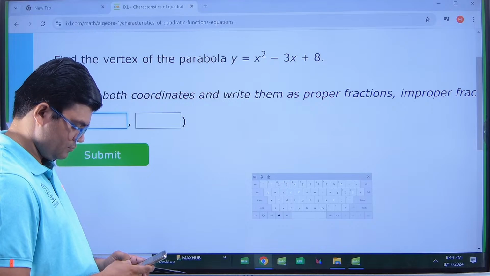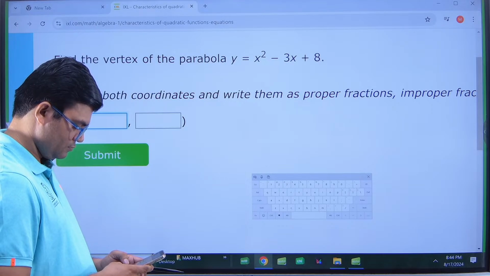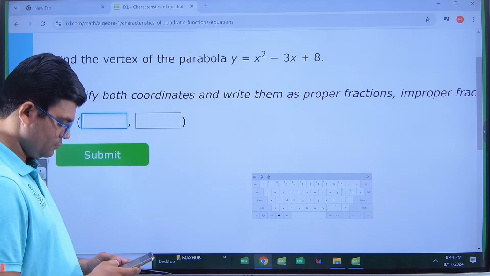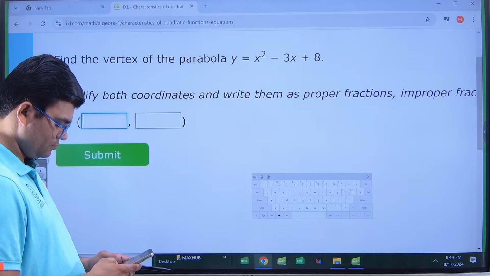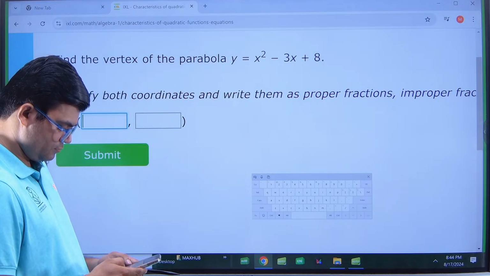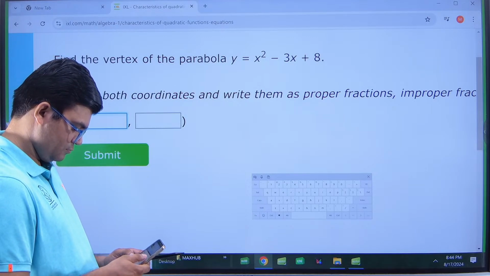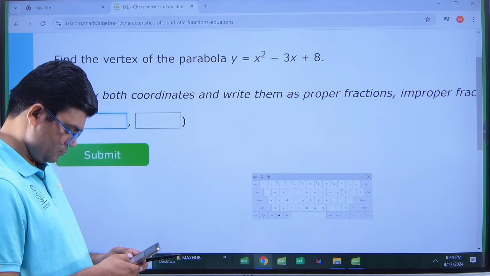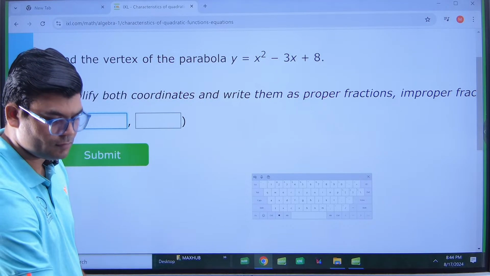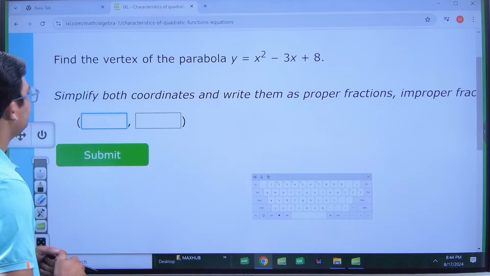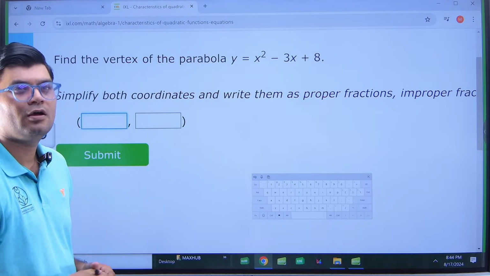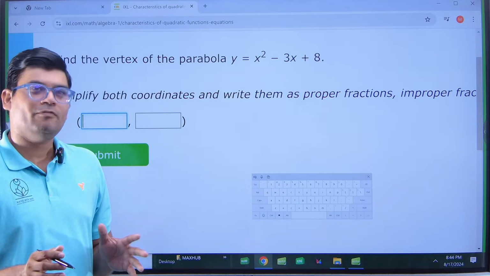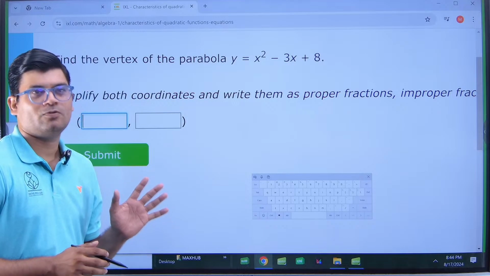Sir, 1.5. How much? 4 by 5? No, 1.5. Don't say 1 by comma 5, just say 3 by 2.